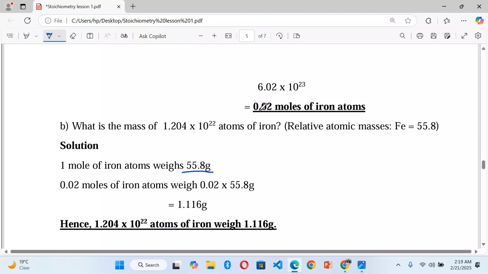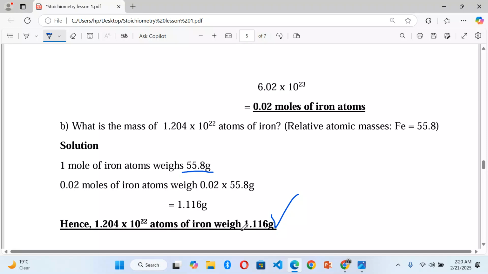The 0.02 moles will be 0.02 times 55.80 grams, and we get 1.116 grams, and then you'll be able to get your answer right. Yeah, so that is how we can relate the moles with mass and moles with particles.